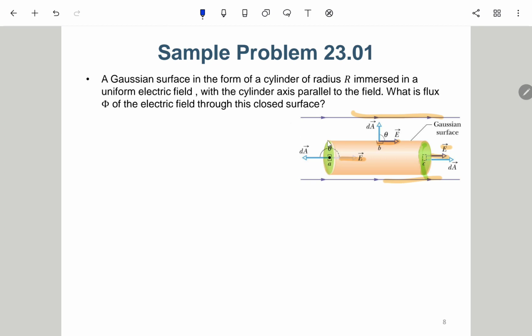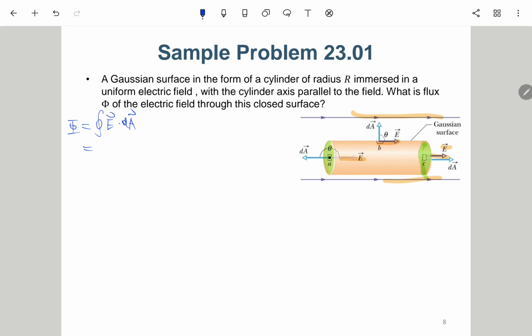This one is called A, the side is called B, and this side is called C. Actually we would like to calculate the total flux, or actually the net flux, which equals the closed surface integral of E dot dA.